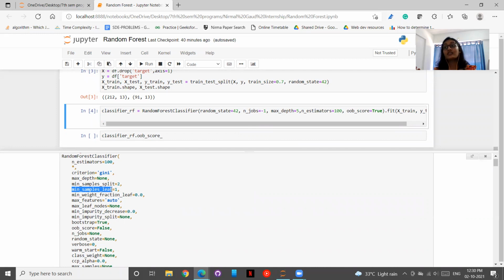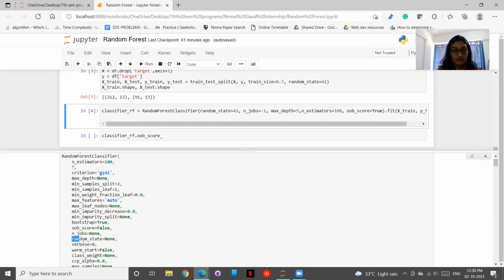Now, the hyperparameters which increase the speed: first of all, it is n_jobs. n_jobs tells the engine how many processors it is allowed to use. If the value is 1, it can use only one processor, and if the value is -1, then there is no limit.